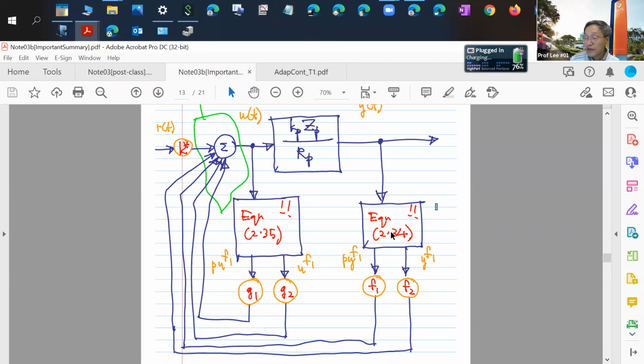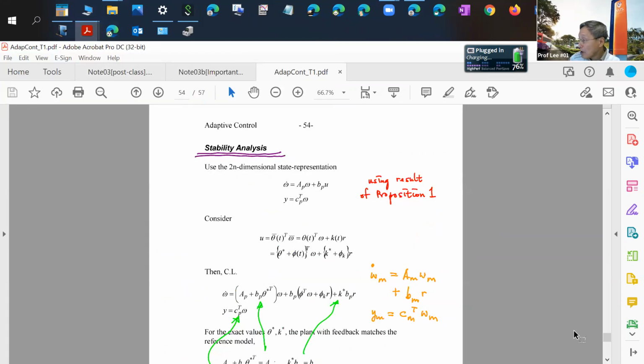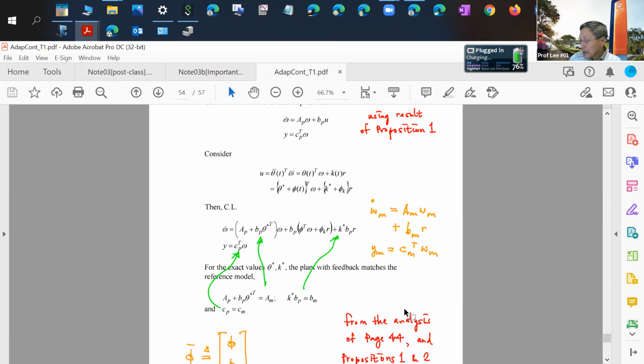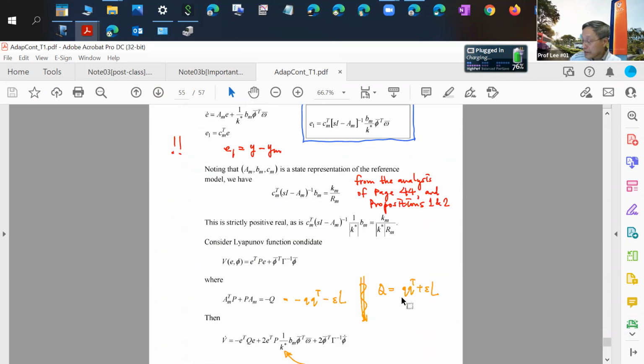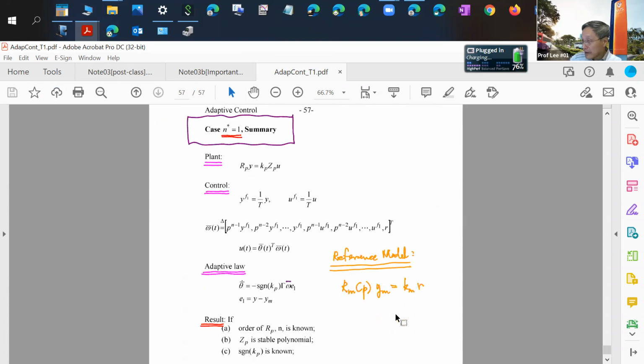And you can prove them, as I said, not difficult because it builds on linear systems. So we're going to show how the whole thing forms into an adaptive controller. Let me scroll right to the end first, which is the summary.